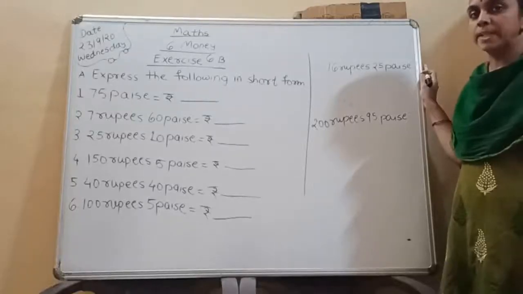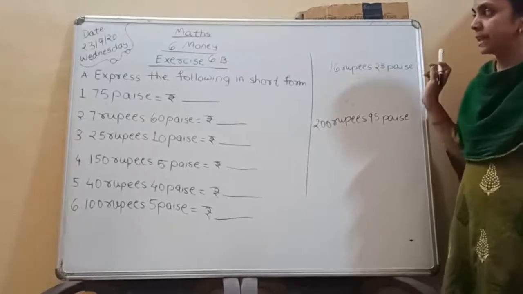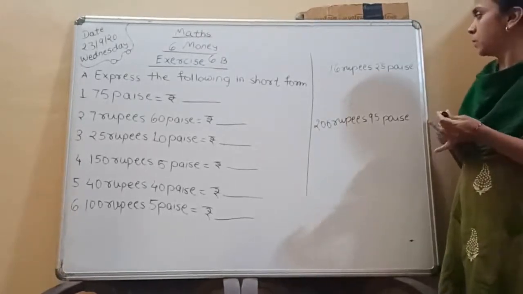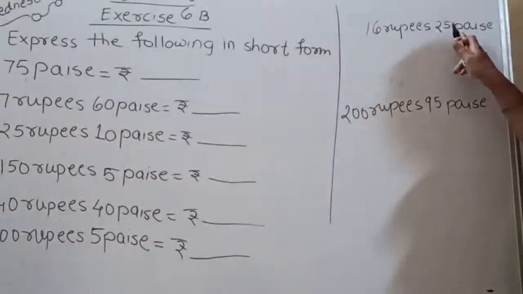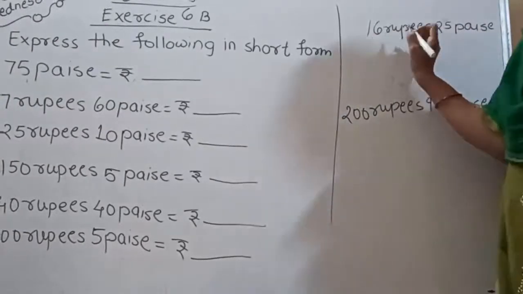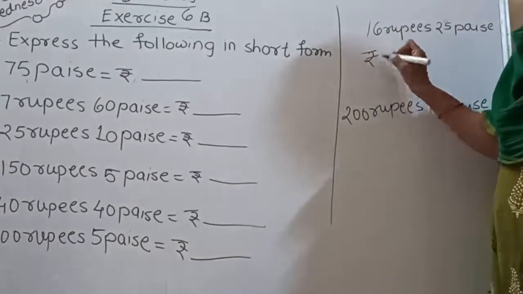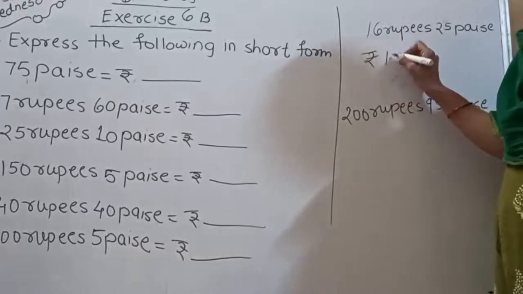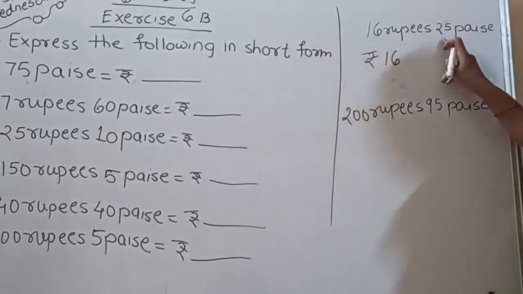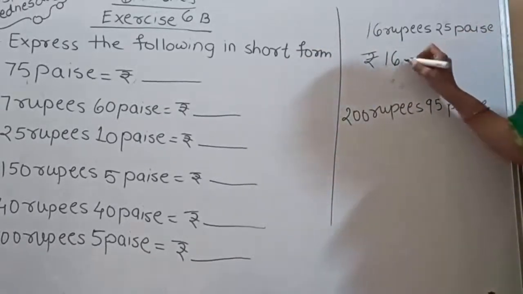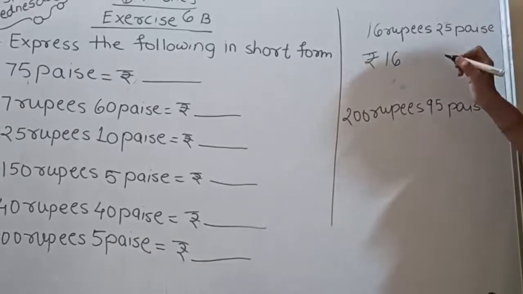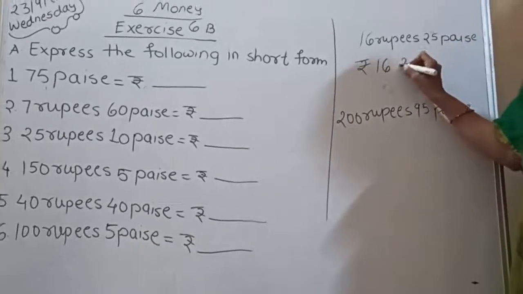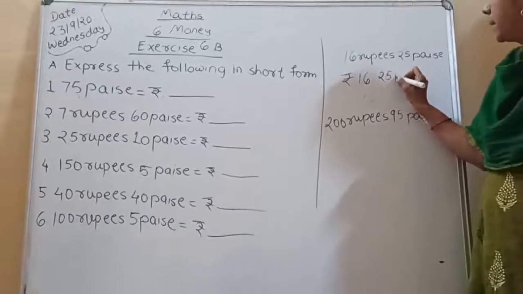Now see your page number 87, exercise 6B. So how can we write 16 rupees 25 paise? For 16 rupees, we have to write the rupees sign first, rupees 16. And what about this 25 paise? We have to give a dot, and then write 25 paise.